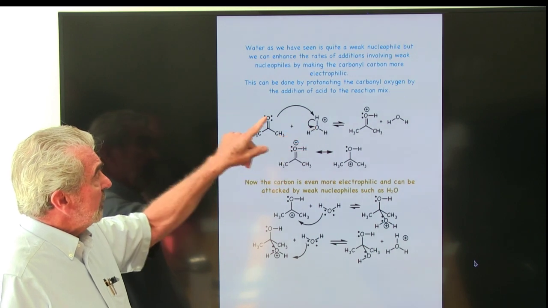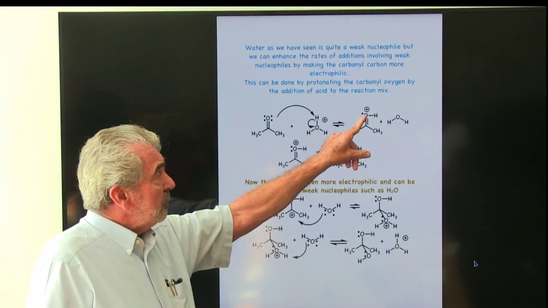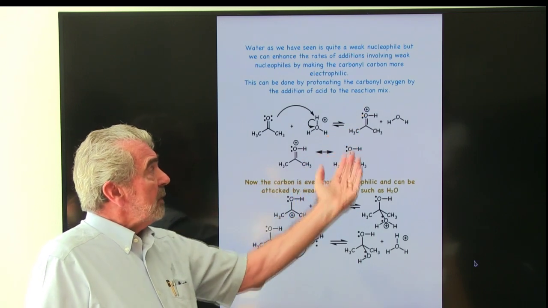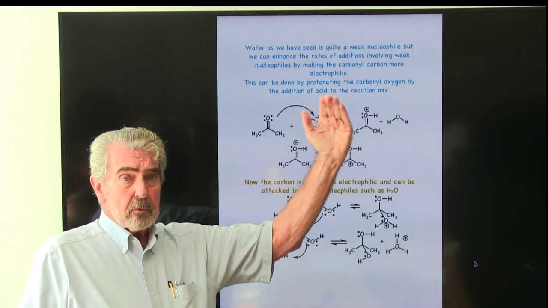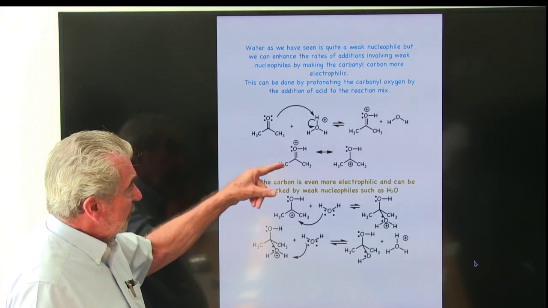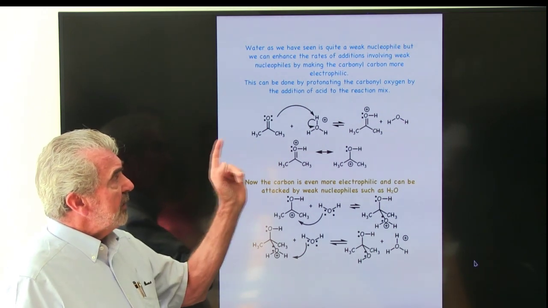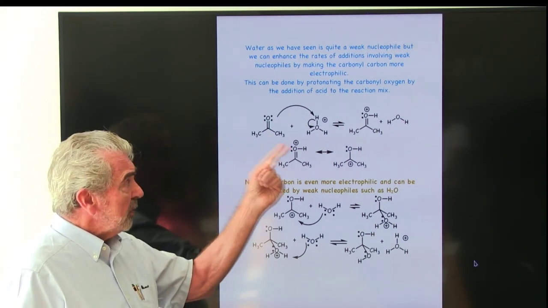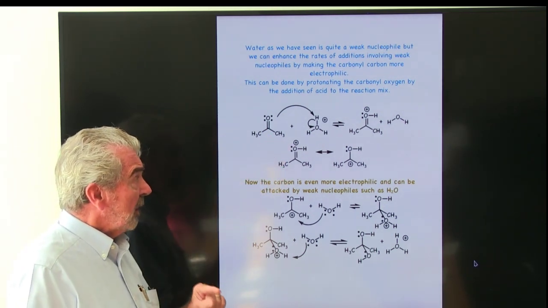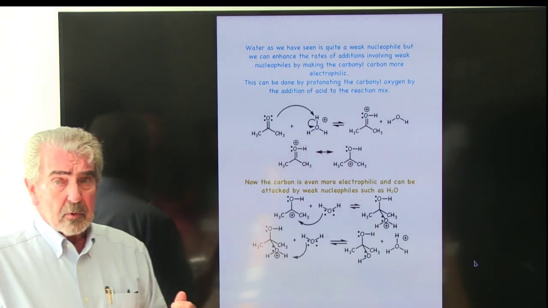Because if we add an acid, this oxygen is going to be protonated, takes on a positive charge, and as a result, it's going to become even more electron withdrawing. So this would be the first step in this. One of the things you have to keep in mind is that whenever we're dealing with these nucleophilic addition reactions involving a weak nucleophile, they're always going to be reversible.